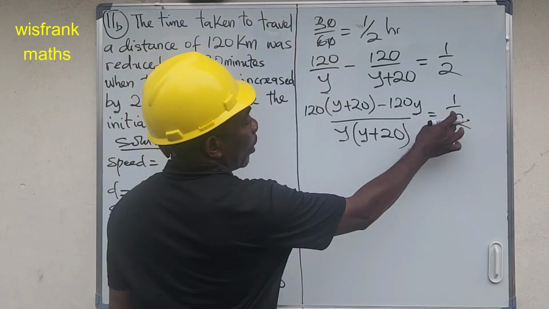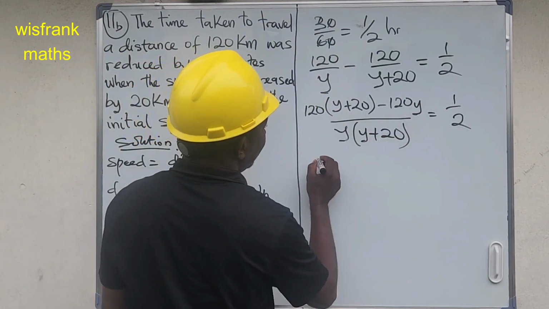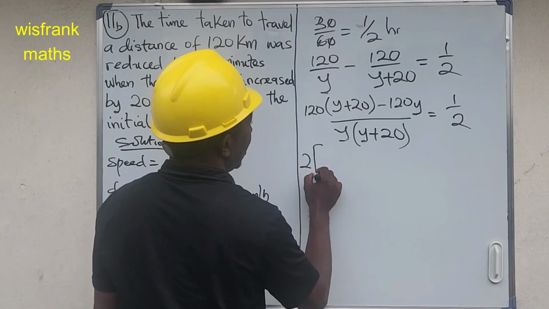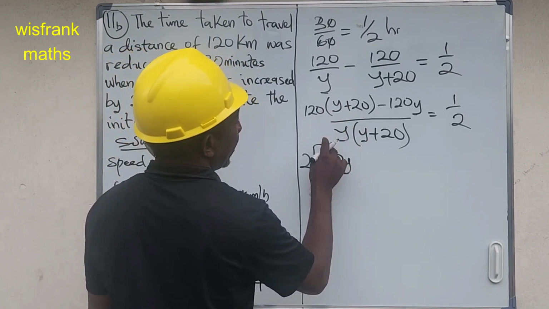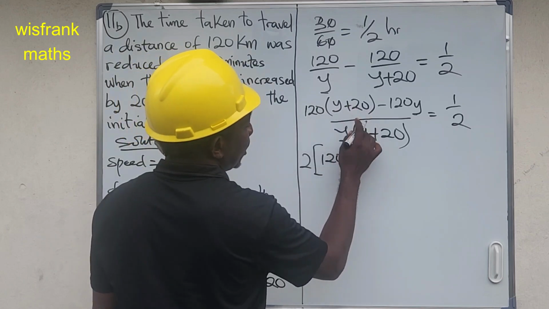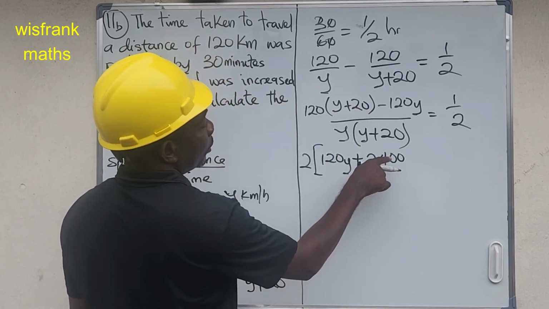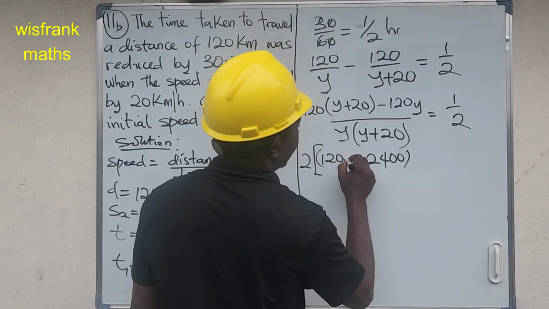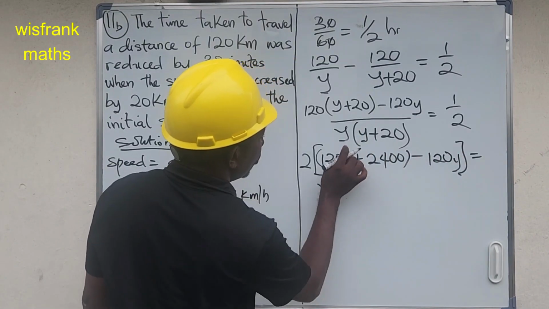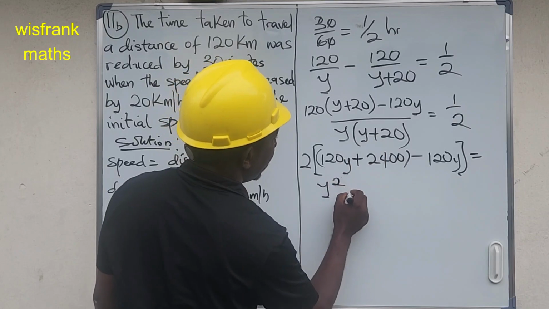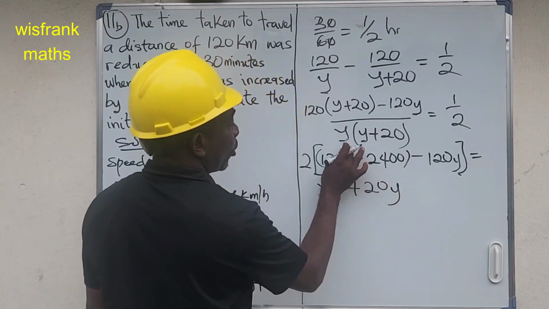When we have this, we are going to cross multiply. So 2 into 120 times y, we have 240y. Then 120 times 20, we have plus 2,400, minus 120y equals y times y, we have y squared plus 20y, because we expand this.